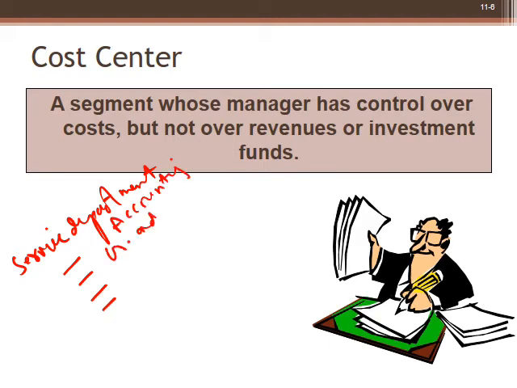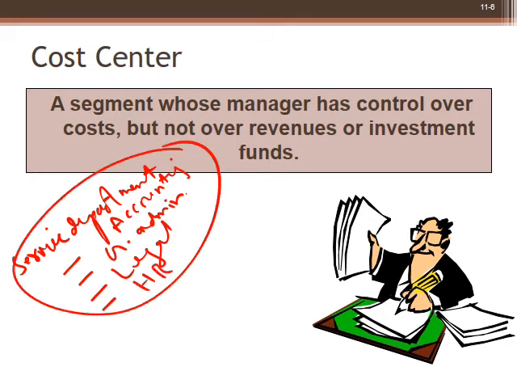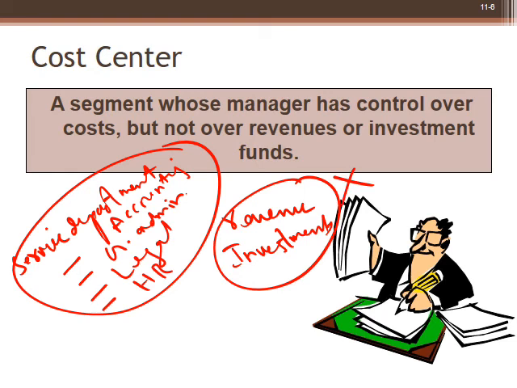We have the general administration department, or legal department, right? And the HR. So these are the departments referred to as cost centers. They are not responsible for revenue and investments, right? So we call them cost centers.